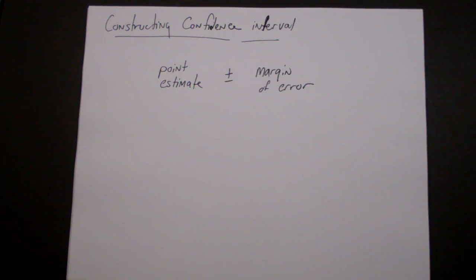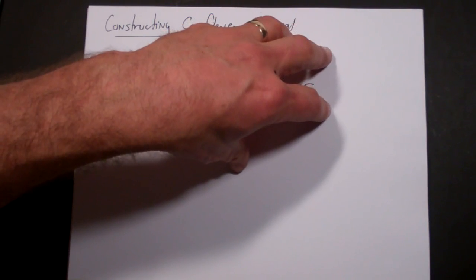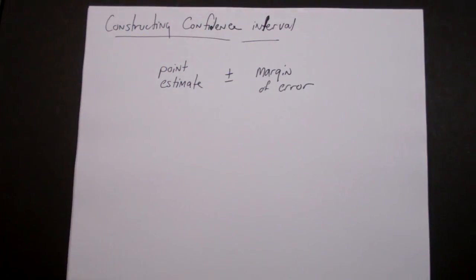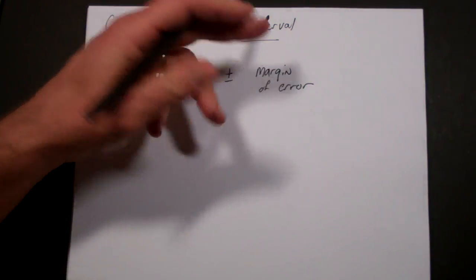In fact, there should be some randomness involved, or some range of values near the point estimate that we're pretty sure is the true answer. And the margin of error talks about how unsure we are that the point estimate is exactly correct. So we would add and subtract a certain amount.